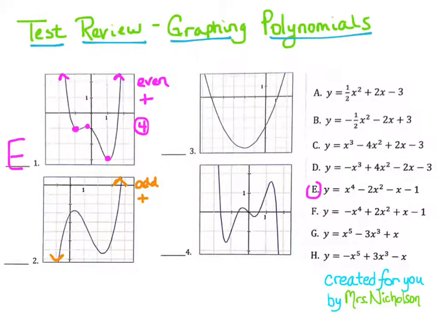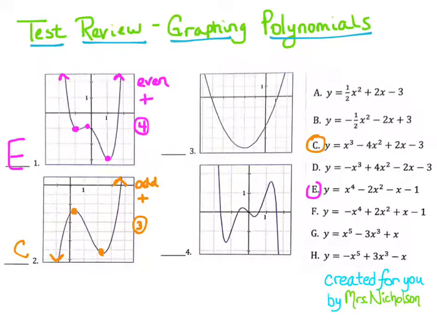Overall, the graph is going up. And then if I count turning points, I've got one here and I've got one here. So there's 2 turning points, which means I should have a degree of 3, which is indeed an odd number. And so if I look at my answer choices, degree of 3 and positive leading term, that matches answer choice C.